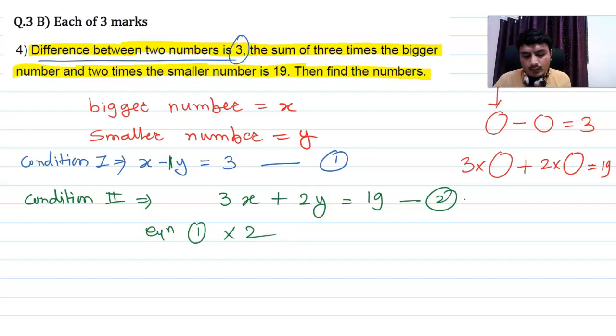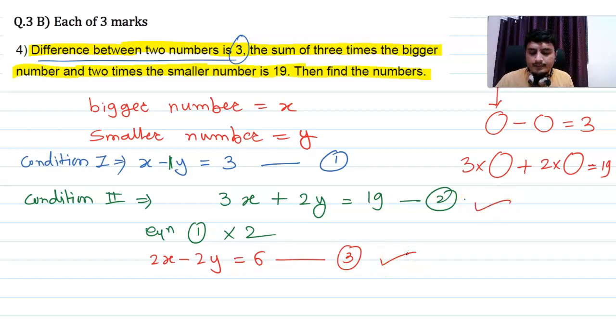We are getting now equation 1 of the form 2 into x is 2x, minus 1 into 2 we have minus 2y, equals 3 2s are 6, call it now equation number 3. Look at equation 2 and 3.